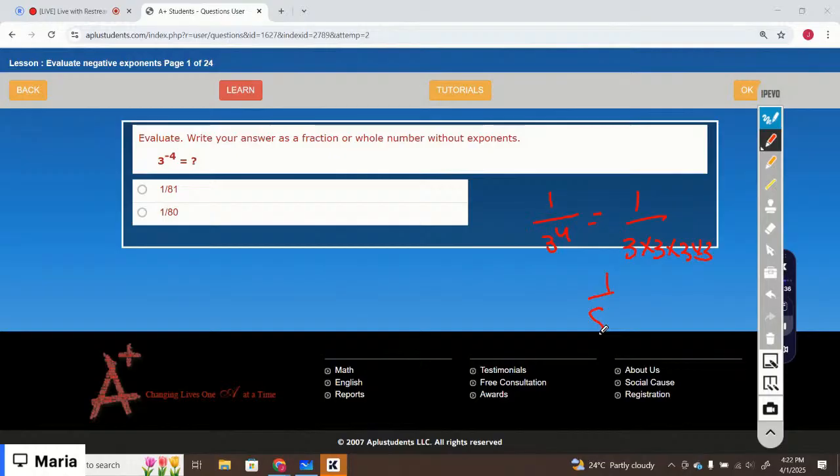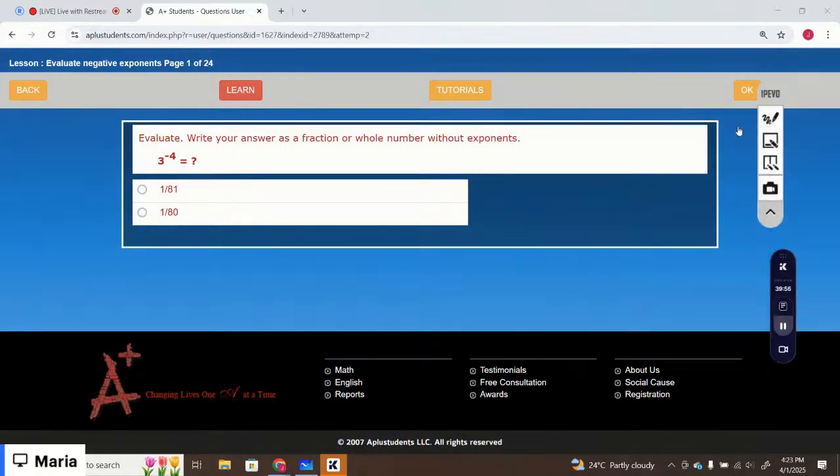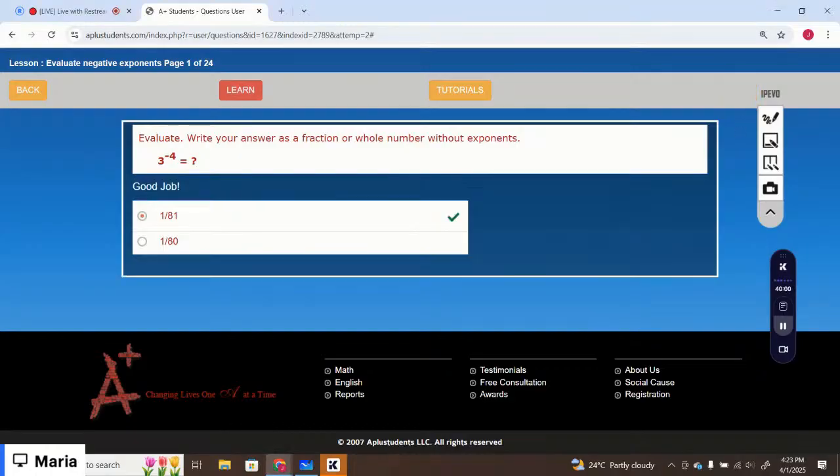That is 1 over 81. Option number 1 is the correct option.